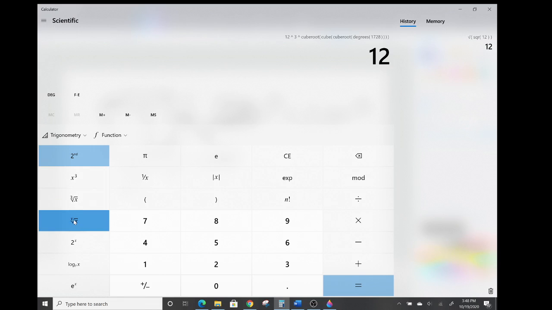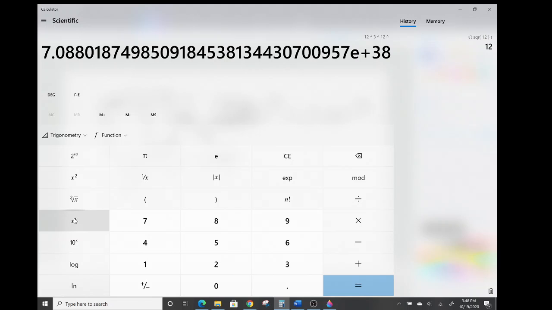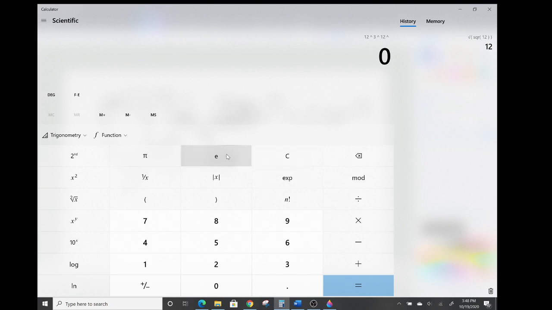Here we have X with the Y over here, the radical, and here we have X raised to Y. Well, I just showed you how that worked. Y is the power, the root that you're going to raise it to. X is the number, so let's go back to 12. There's 12, put it in the X key, assuming you clear out everything.